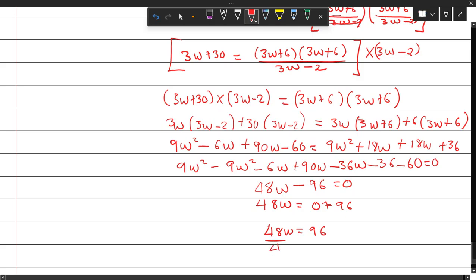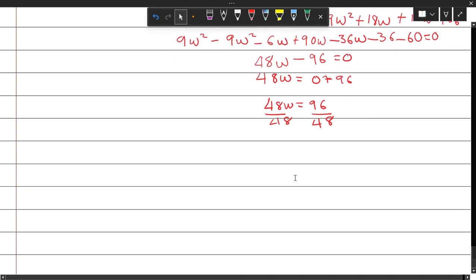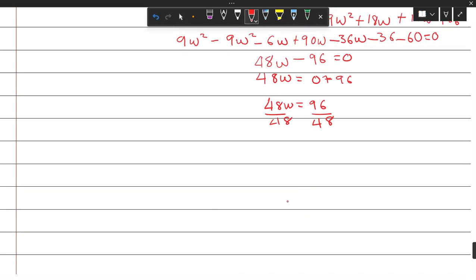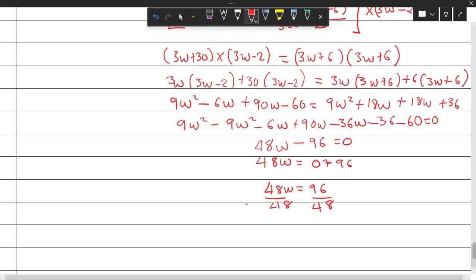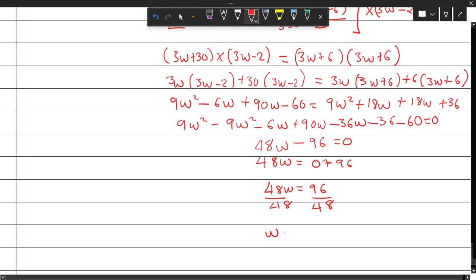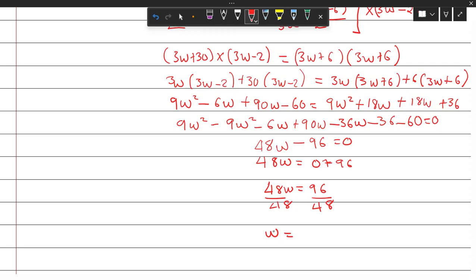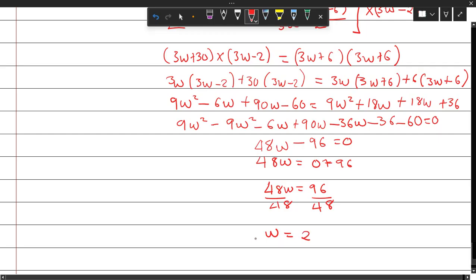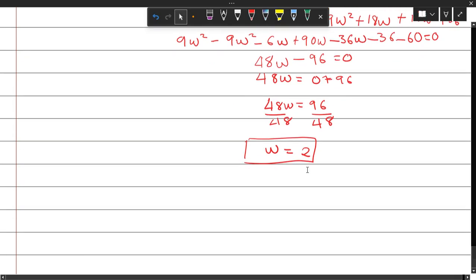And we divide by 48. So the value for w is 96 divided by 48, you get 2. So the value of w is 2. Okay.